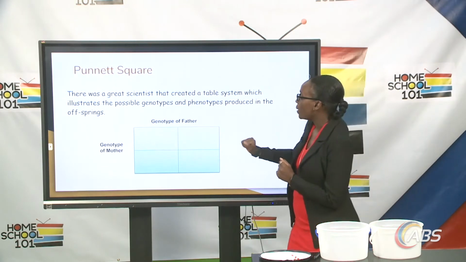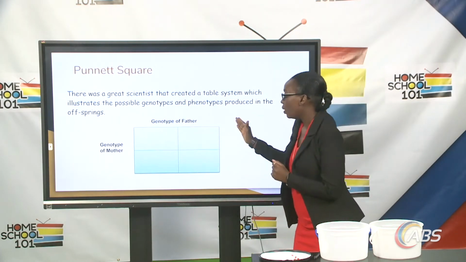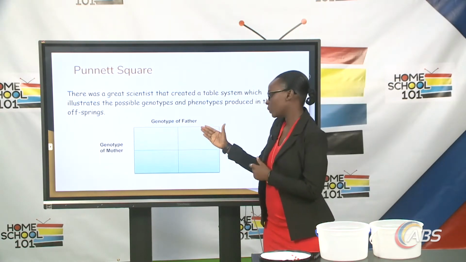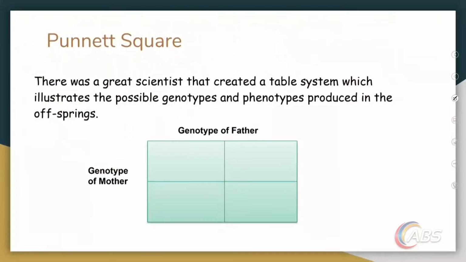And so we have a square with two columns. Well, it's kind of a rectangle with two columns and two rows. And what goes on top is the genotype of the father. Remember, the genotype is written in letters, two letters, and the genotype of the mother on this side.